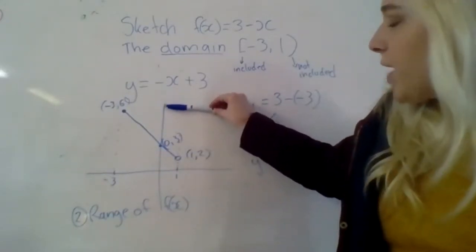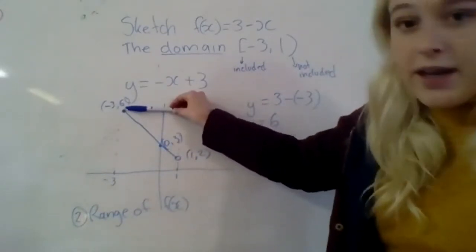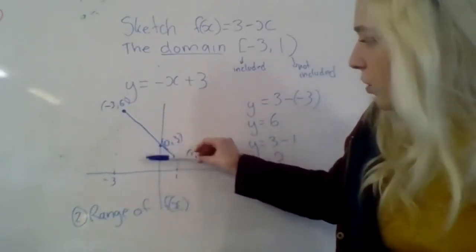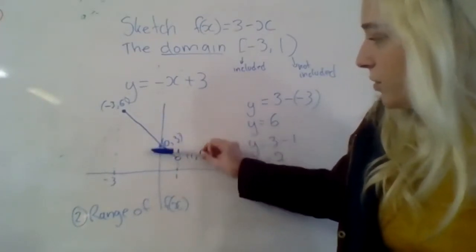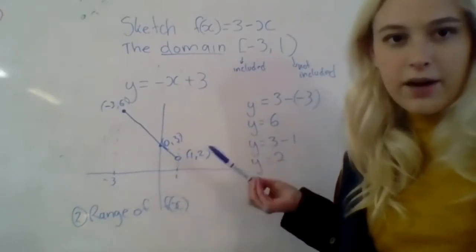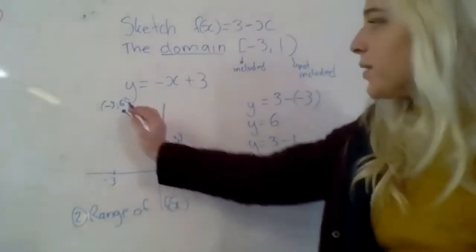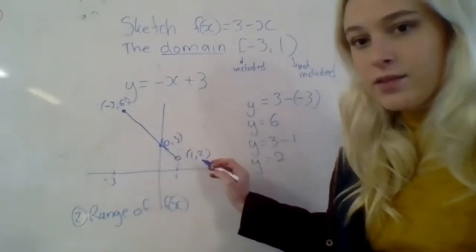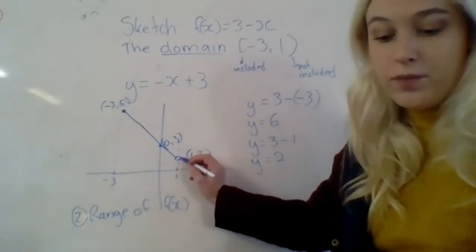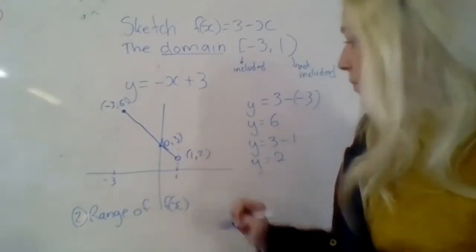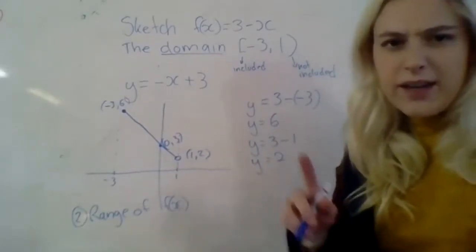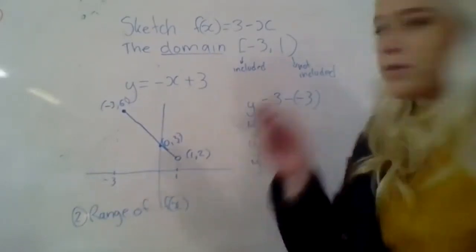It definitely goes through any y value from here, which is 6, 5, 4, 3, oh sorry, 2. Once it gets to the y value of 2, it stops, and we're not going to carry on. So we know it's between 6 and 2. But remember, we're not including our 2. We also read our values from smallest to biggest.